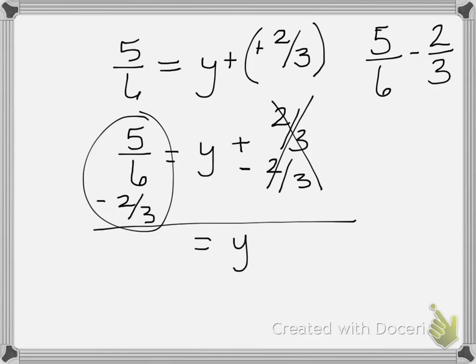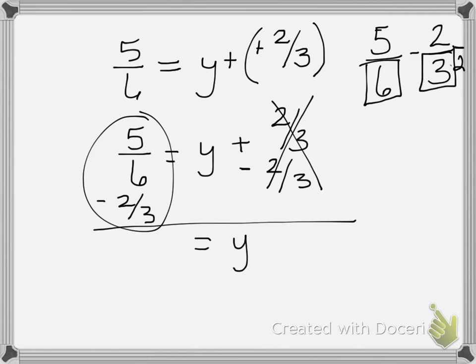ourselves. In order to be able to subtract fractions, remember, they have to have common denominators. That's common bottom numbers. This one's a 6, this one's a 3. They're not the same. But I know that I can easily change 3 to 6 if I just times it by 2. Well, just like in an equation, whatever we do to one side, we have to do to the other. We know with fractions the same thing.